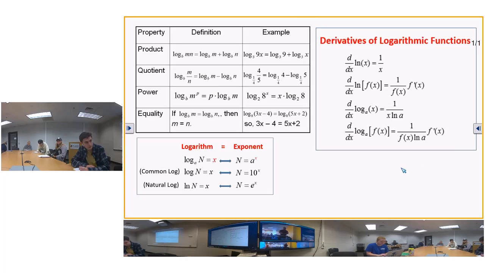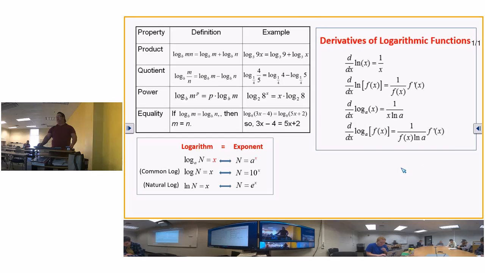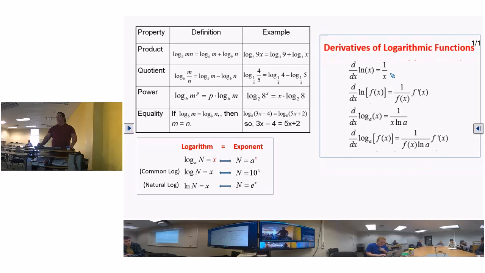You can write the ones on the left down if you want to, but the ones that I'm concerned with are these right here.